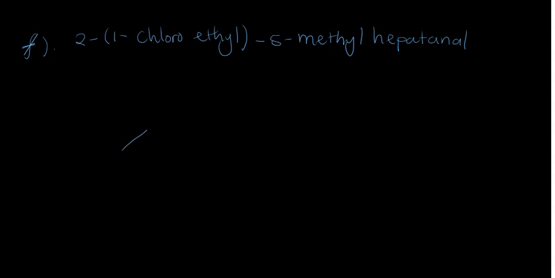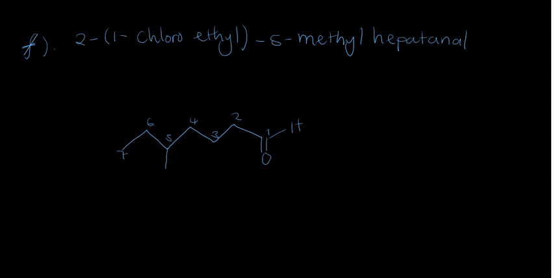It's an aldehyde, so we have an aldehyde at the terminal there. 1, 2, 3, 4, 5, 6, 7. Then on carbon number 5 we have a methyl, we add a methyl. Then the ones in the brackets all mean that they are on carbon number 2, so we'll go on carbon number 2.